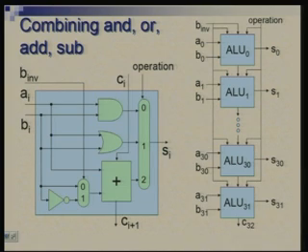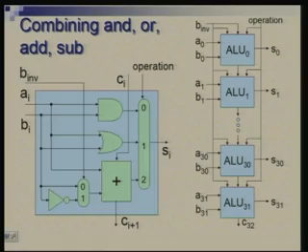Okay. So, therefore, detection of overflow is different depending upon whether the numbers are signed or unsigned. So, the process of addition and subtraction remains unchanged, but it is overflow detection which is different, and we will look at it separately.